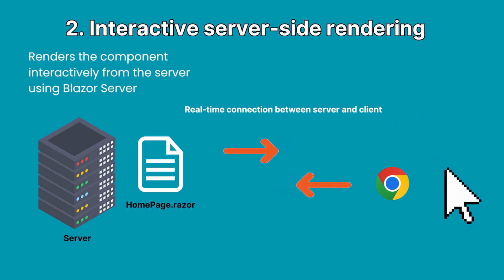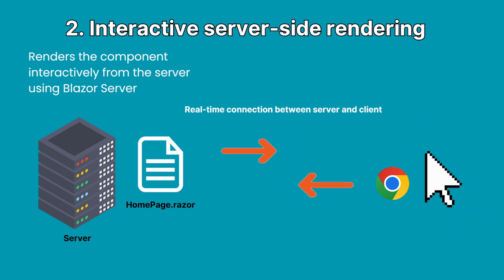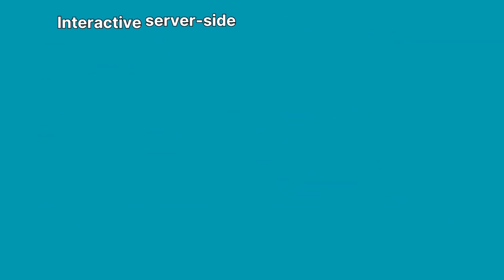If you don't optimize properly, you may end up having some performance issues because the server has to maintain the connection between itself and the client. And also if your end users do not have very good connectivity, then it may also be an issue. So these are things you should consider when using this mode.